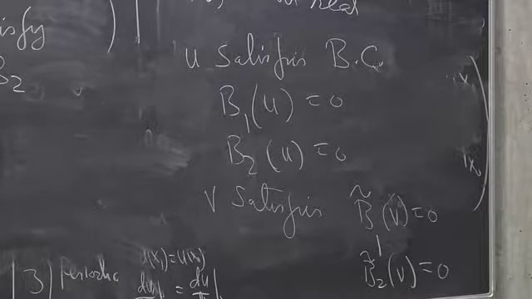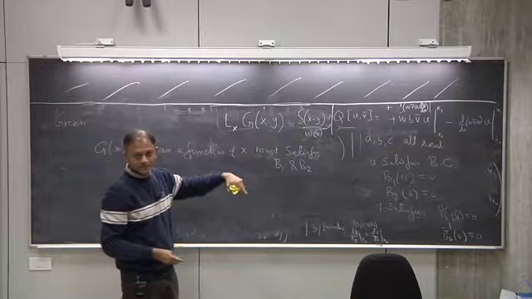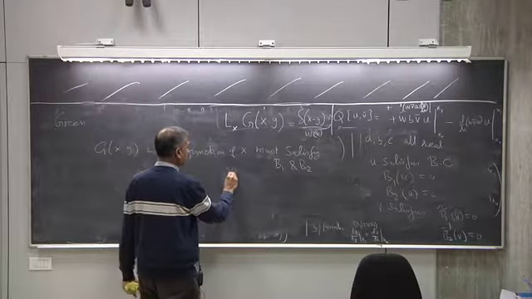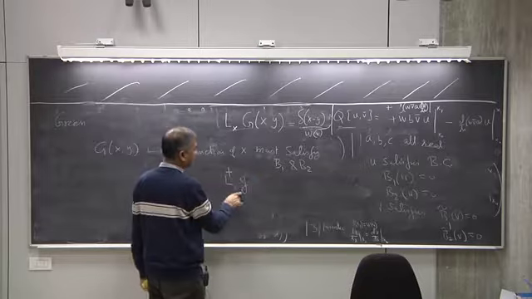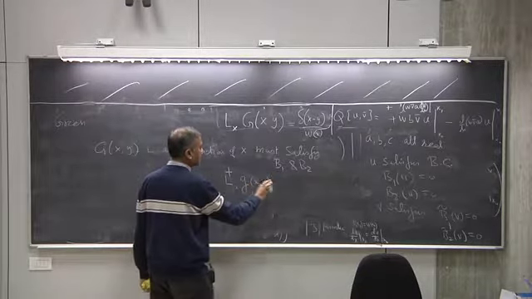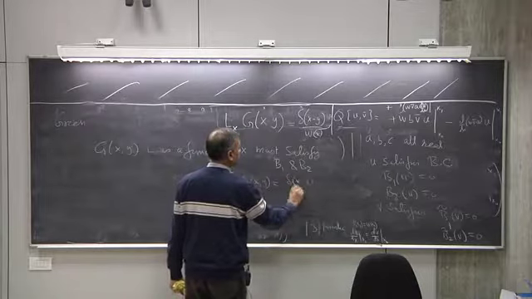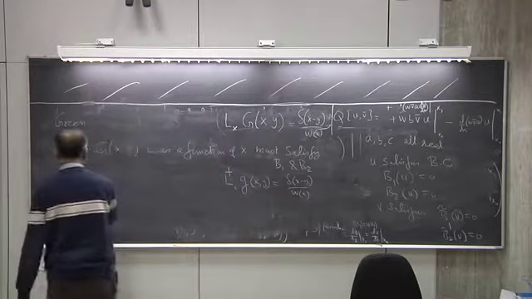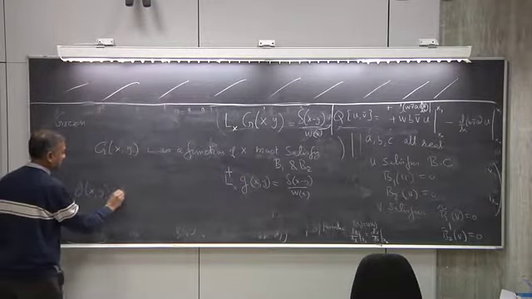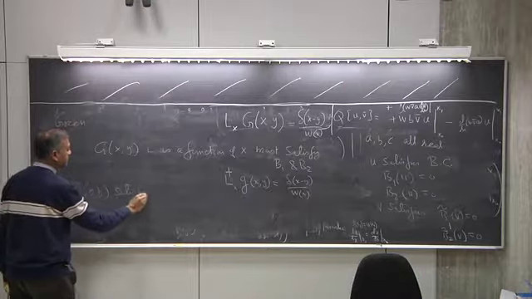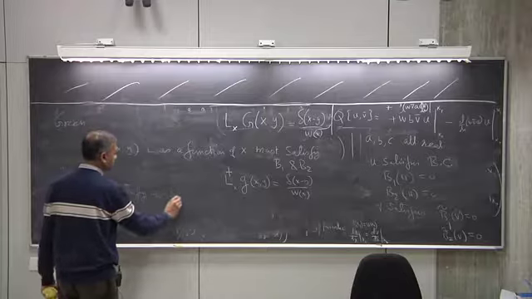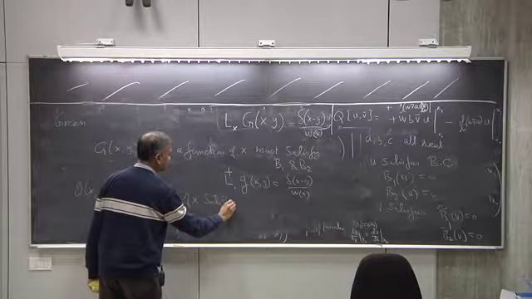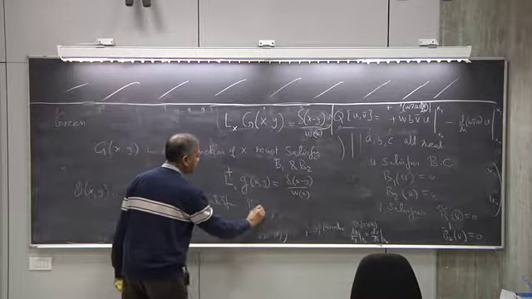In the same way, you can also define an adjoint Green's function, because after all, you have an L dagger operator, which is another operator. So you have another equation, L dagger x, and I will use the symbol small g, g of x,y equal to delta x minus y divided by w(x), where now g of x,y, as a function of x, satisfies the adjoint boundary conditions B1 tilde and B2 tilde.